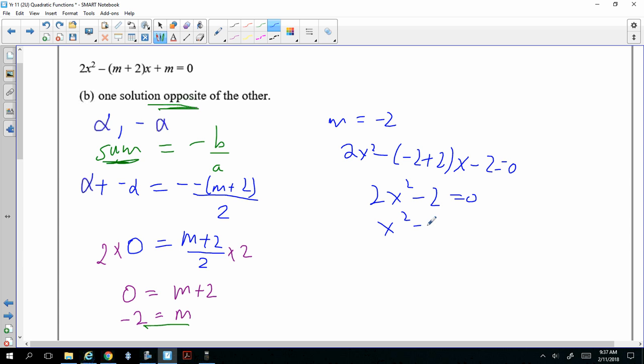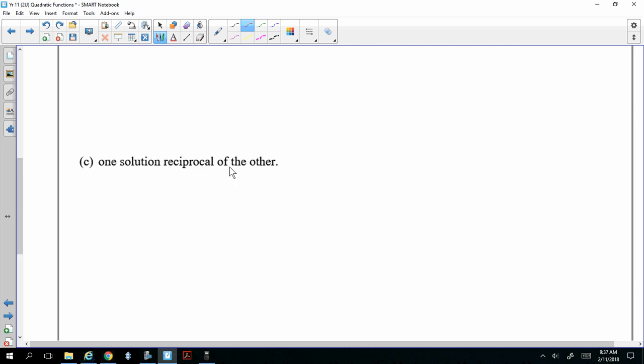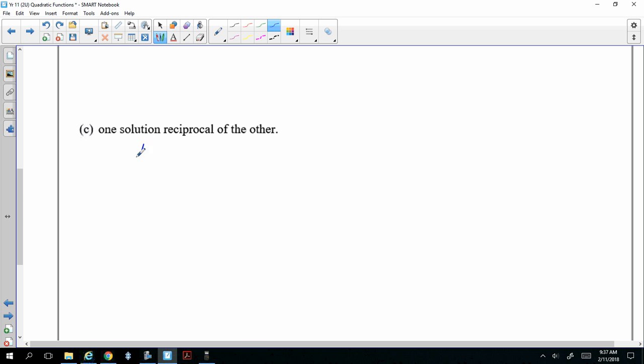Okay, good. Next one. One root is the reciprocal of the other. What would you do? Alpha and 1 over alpha. Because negative 2 plus 2 is 0. Yeah, thank you. Alright, let's do reciprocal.